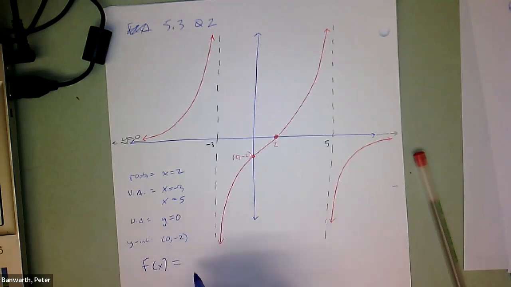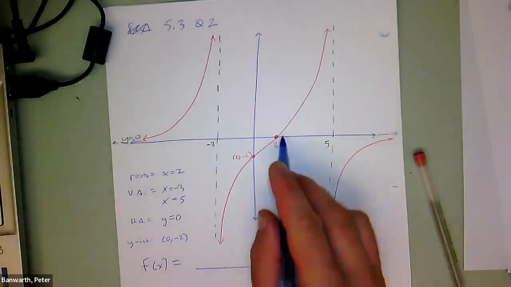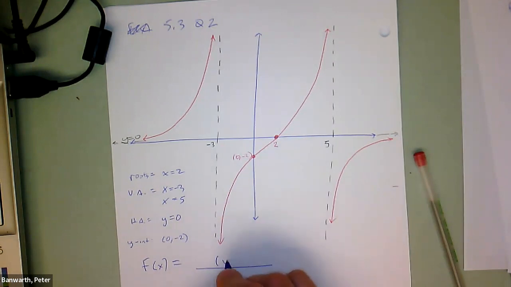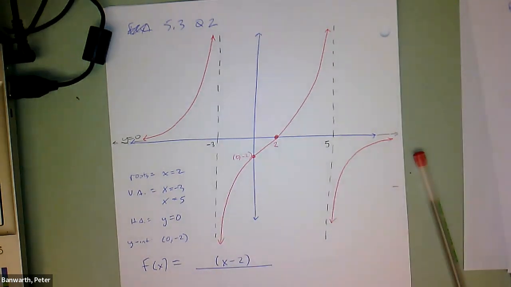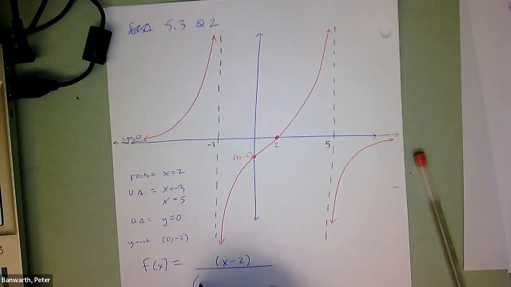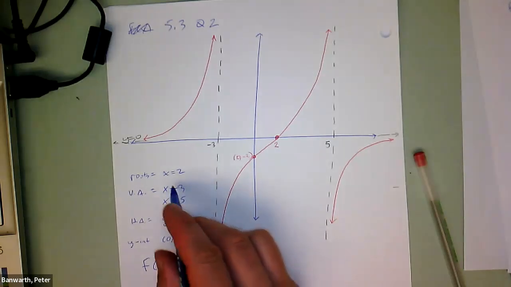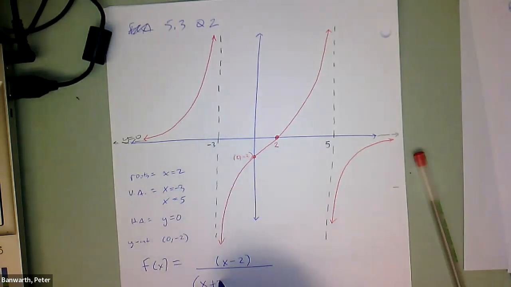So I know that a rational function has the zeros in the numerator, so it should have an x - 2 up here. It has the vertical asymptotes in the denominator, so if the vertical asymptote is at -3, the factor is x + 3 and x - 5. It's got some coefficient.